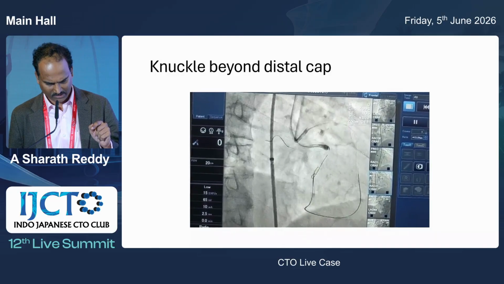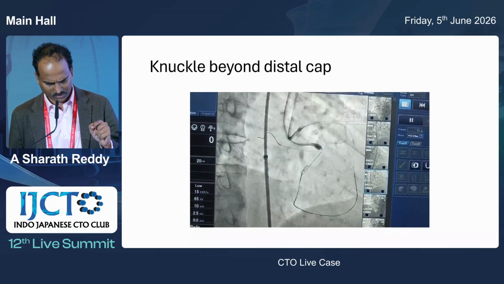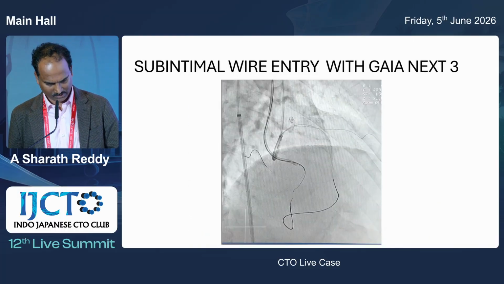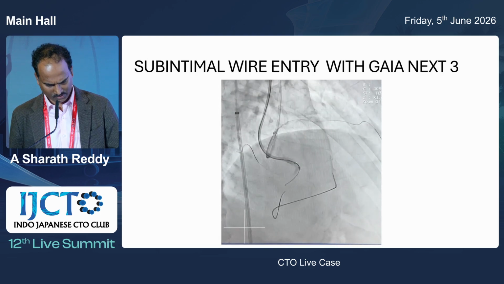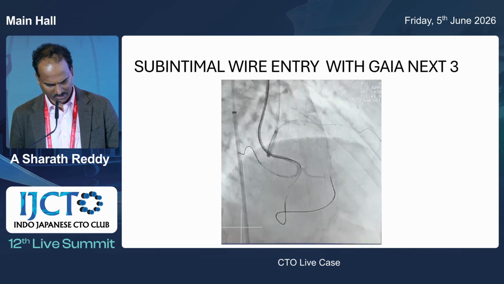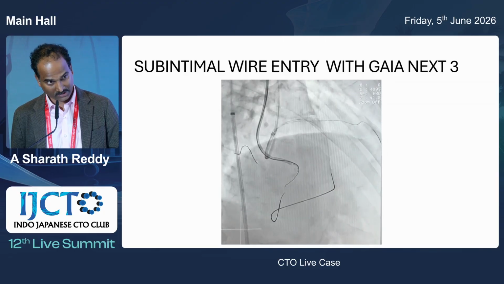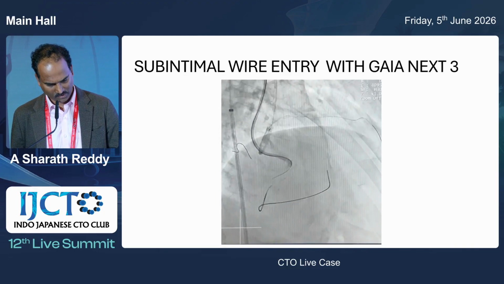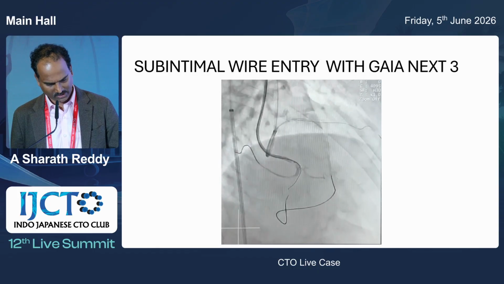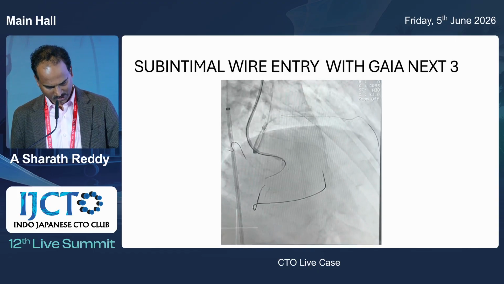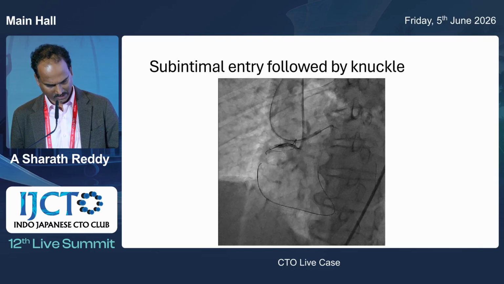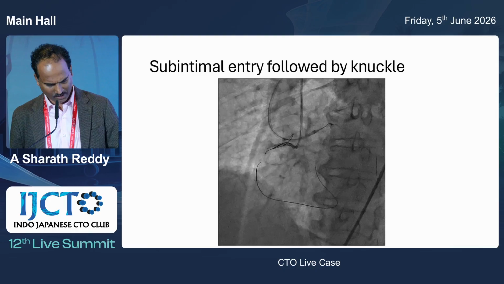You can see here, the wire clearly looks outside the lumen. So we confirmed that we are in subintimal space, and the wire went into the CTO beyond the 2 branches. We advanced the Corsair into the CTO, and then I did a knuckle with the Gladius Mongo.